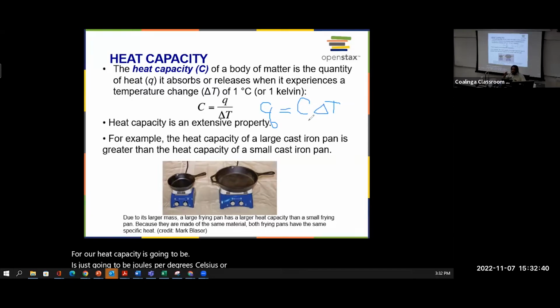They're comparable because the change in temperature is always going to be the same between Celsius and Kelvin.